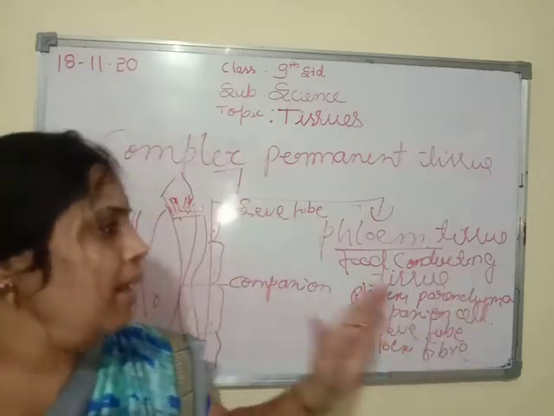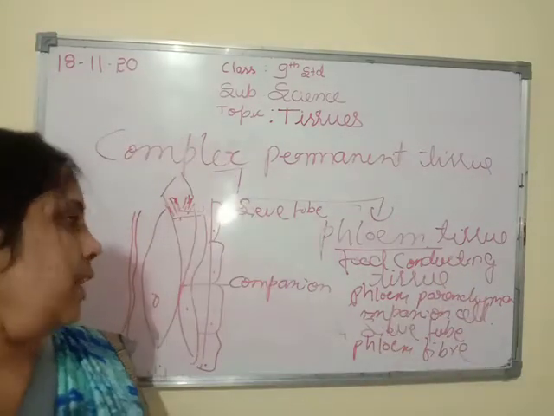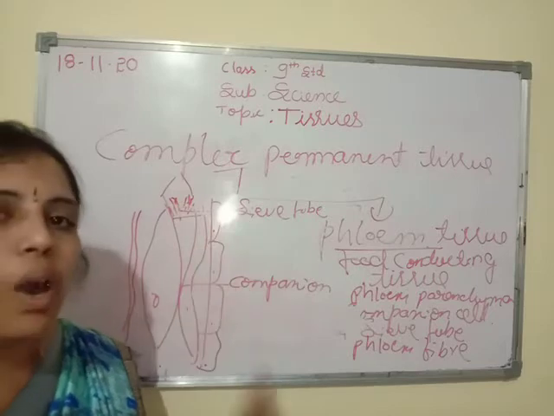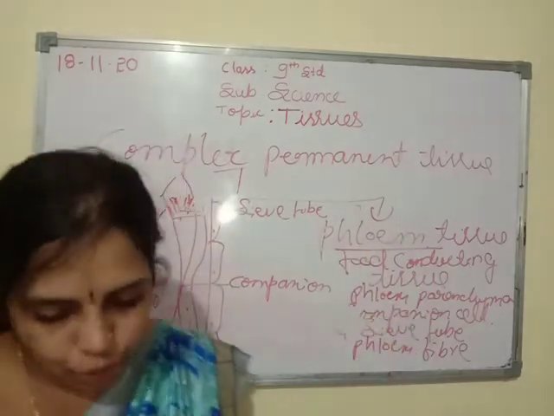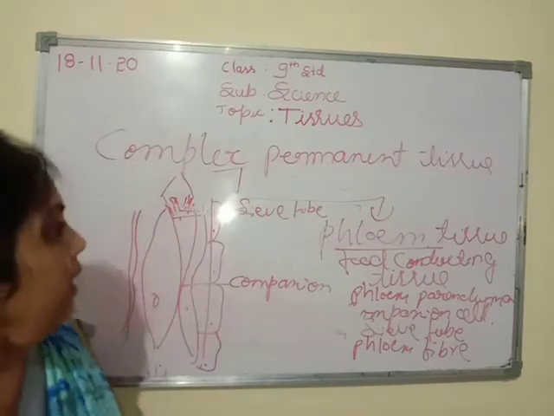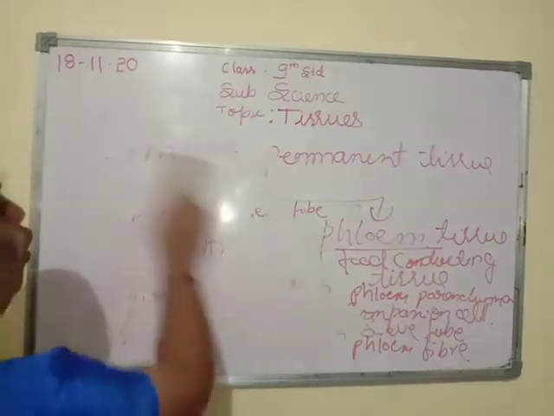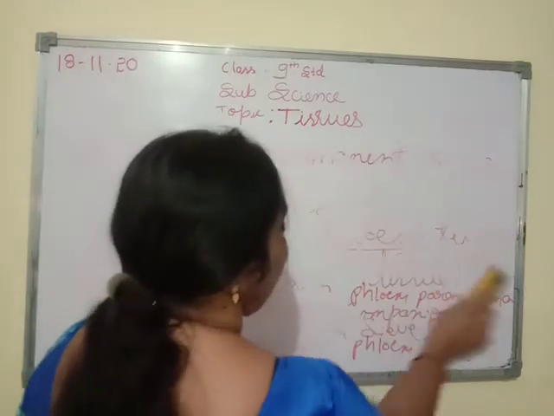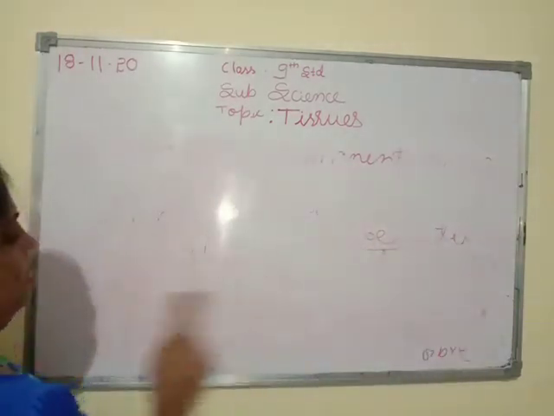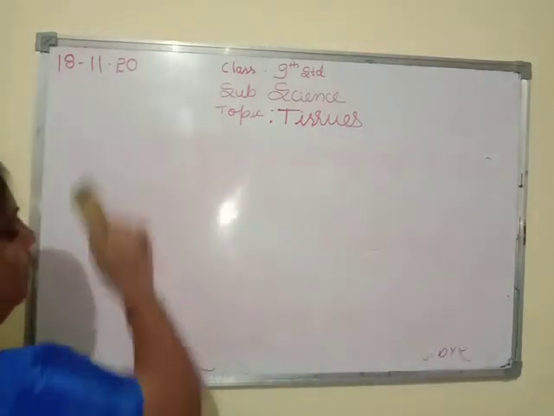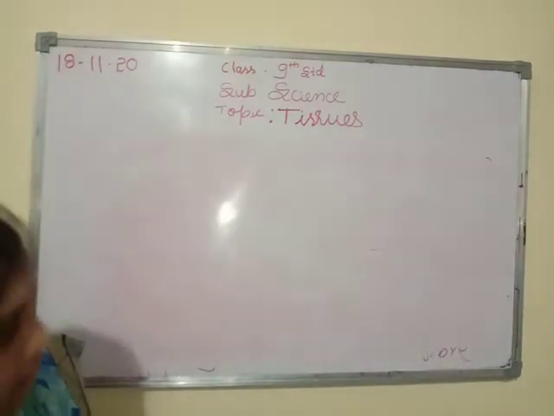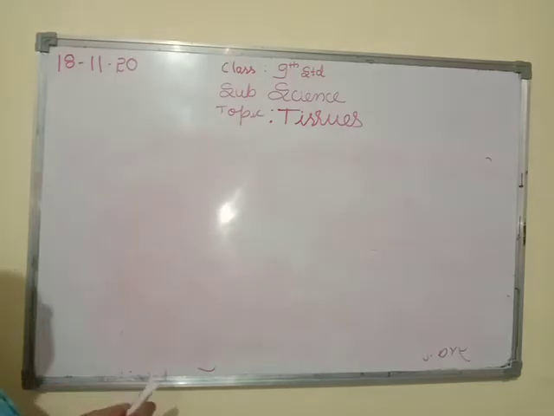So this is about the complex permanent tissue, that is the xylem and the phloem. Here, mainly you note down the point: xylem is a water conducting tissue and phloem is a food conducting tissue. Next we move on to the next type of tissue, that is epidermal tissue.